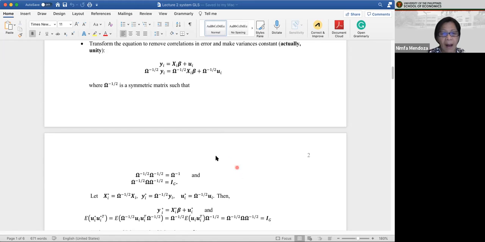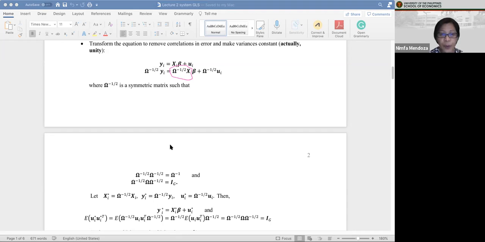Then let's define new variables. x sub i star would be omega to the minus 1/2 x sub i. So this we define as x sub i star.